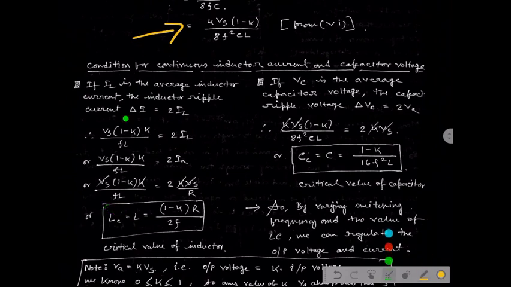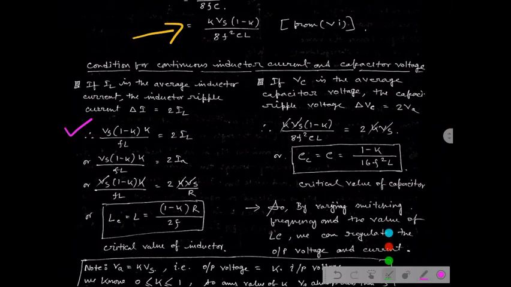Right now, by satisfying this equation, we can write the expression Vs into 1 minus k into k by fL, which we deduced previously, should be equal to 2 into IL.